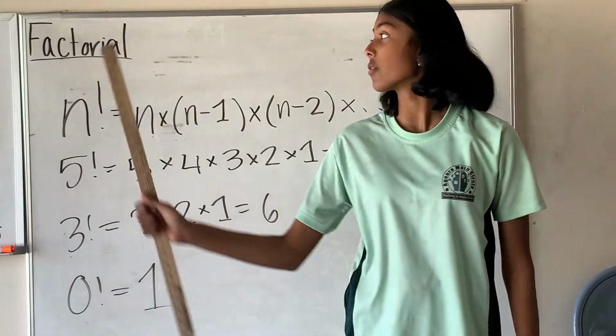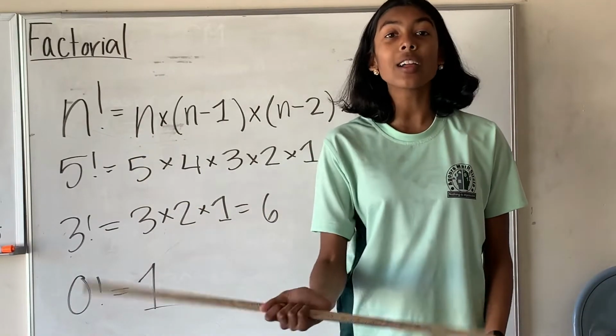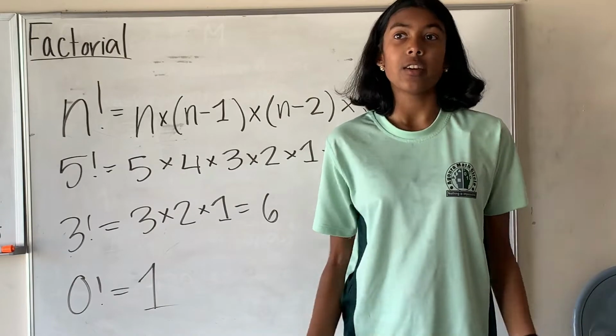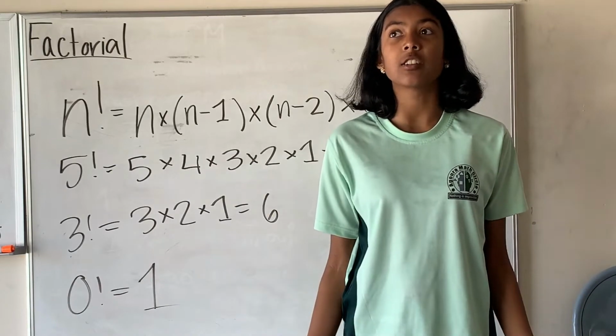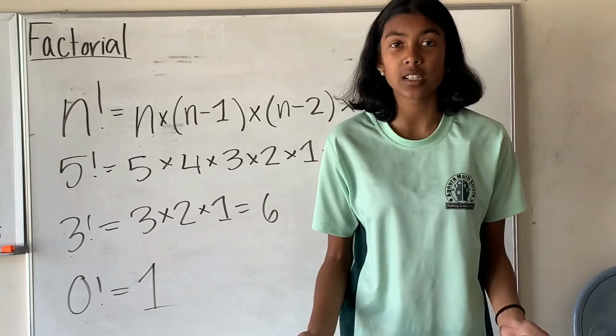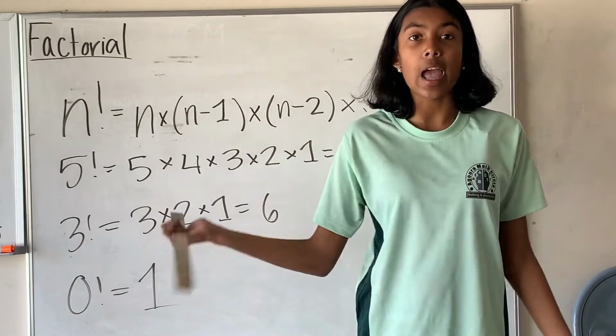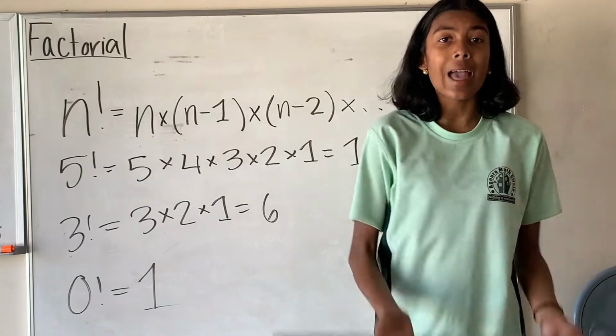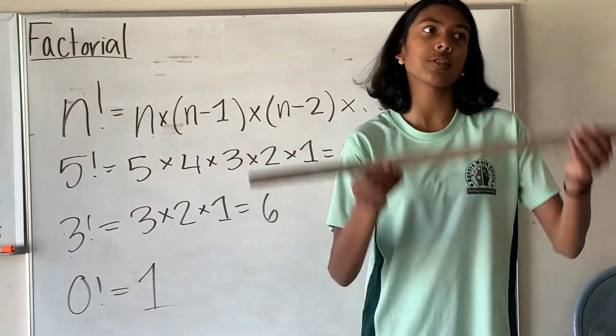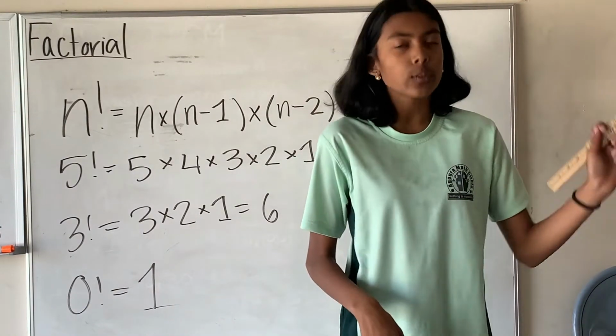Second topic, which is factorials. You probably already know this because we studied it in our combinations and permutations part, but here's a quick review. If we have something like n factorial, that is basically n times n minus 1 times n minus 2 times n minus 3, all the way to 1.